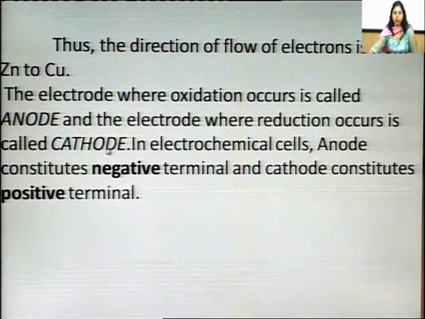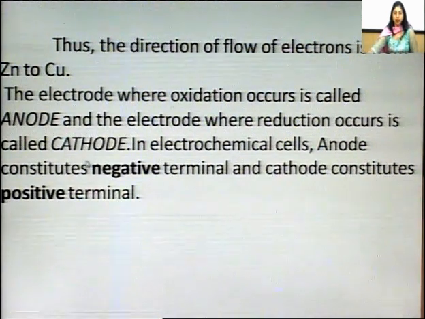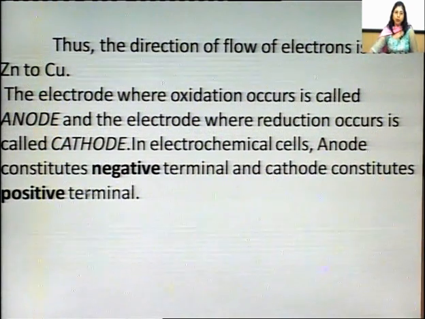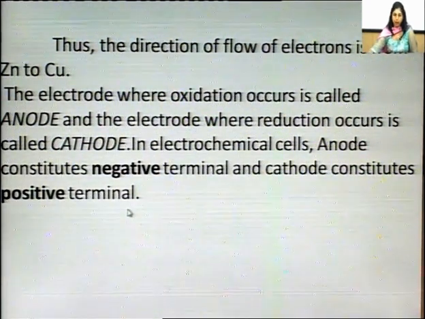This point is to be noted: oxidation always occurs at anode and reduction always at cathode. Anode constitutes the negative terminal and cathode the positive terminal in electrochemical cells, means anode is always made negative and cathode is made positive.